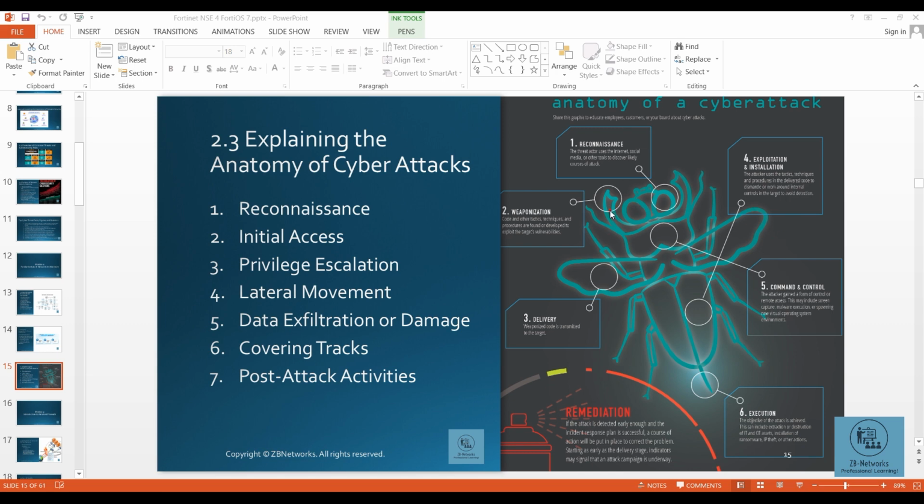As I have shown you in this slide, the stages involved in certain documentations are reconnaissance, weaponization, delivery, exploitation and installation, command and control, and then execution, and last is remediation.